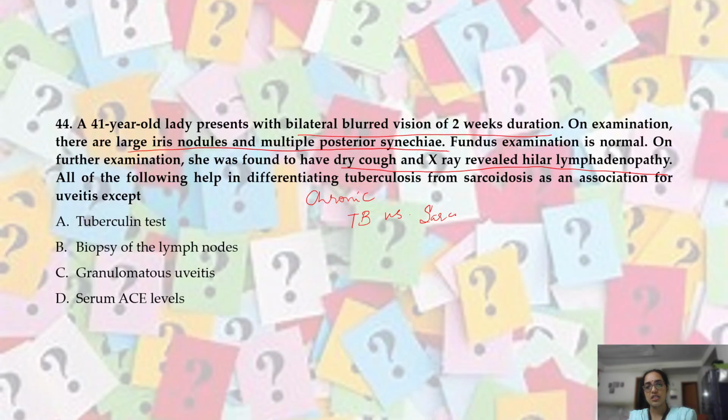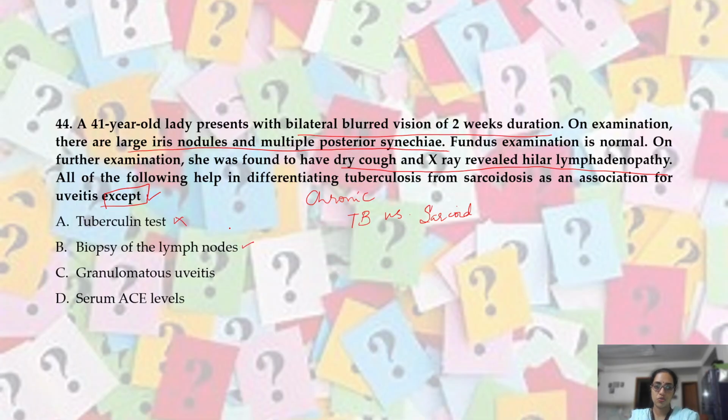So what are the things that help you differentiate between the two? And the question here is which does not. So we are looking for an except here. Tuberculin test, yes, it helps because in TB, it's usually positive. In sarcoid, it's negative because of cutaneous anergy. Biopsy of lymph nodes helps in differentiating the two.